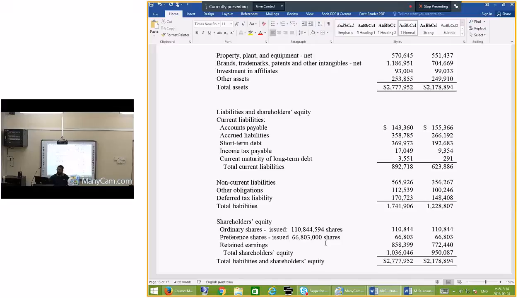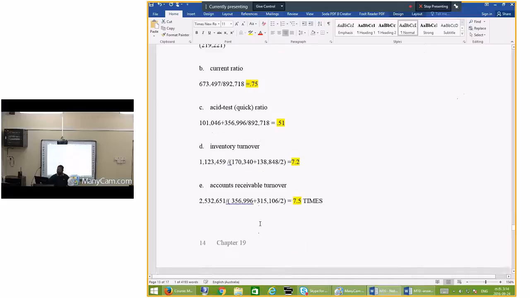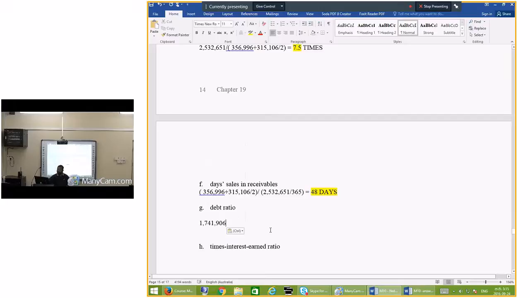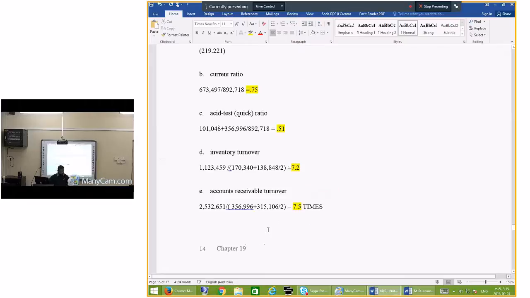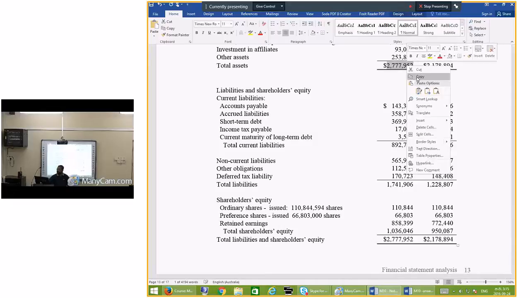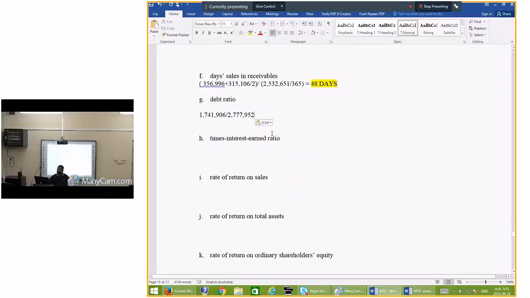Total debt including current liabilities is 1,741,106, the total liabilities other than shareholders' equity, divided by total assets 2,777,952, multiplied by 100 as a percentage.